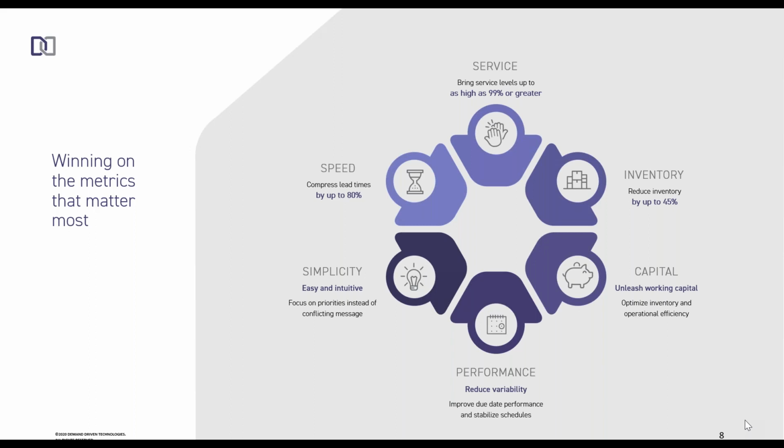Many of our clients are also able to compress cumulative lead times as much as 80% while simultaneously reducing overall inventory levels, making a huge impact on the business to free up working capital. Recognize that for some companies, their goal isn't to reduce inventory, but our main focus is always to maintain those high service levels, maintain that constant material availability.